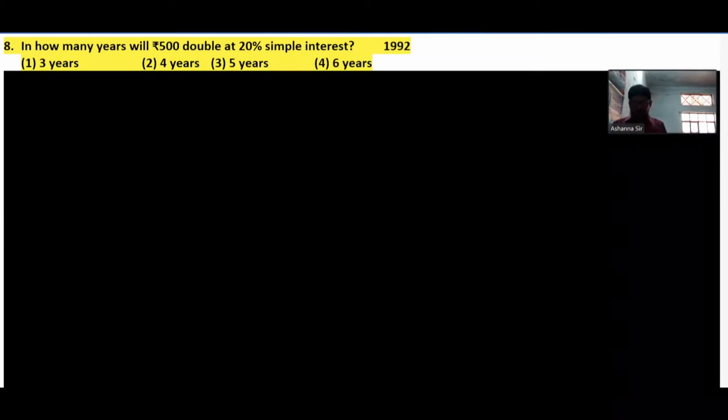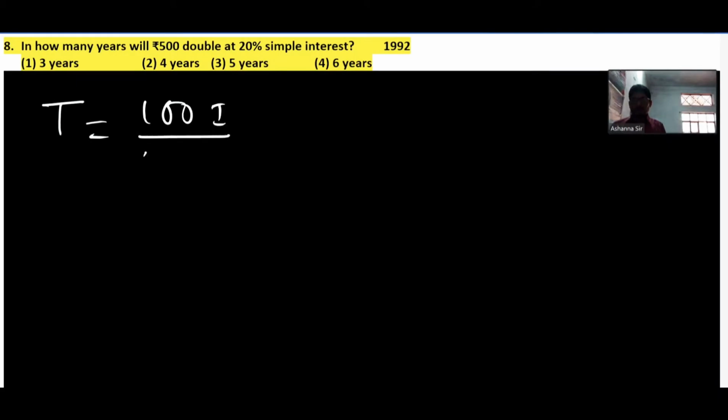8th question: in how many years will 500 rupees double at 20% simple interest? How many years? Here we have to find out time. T is equal to 100I by PR.